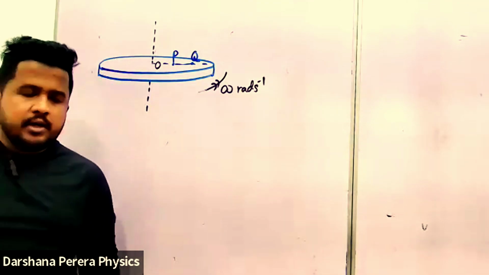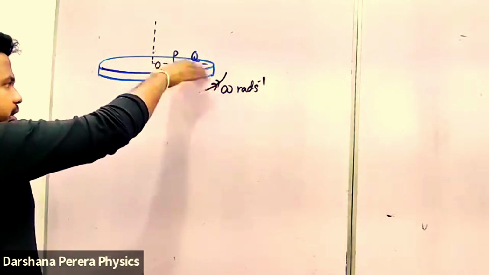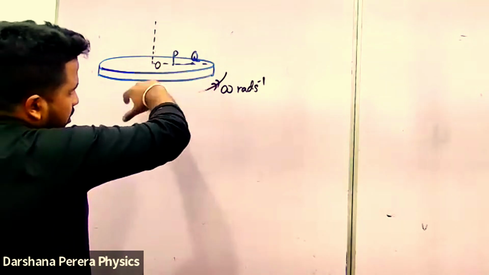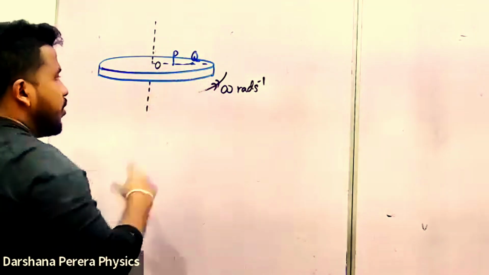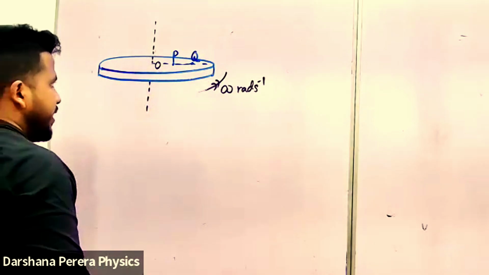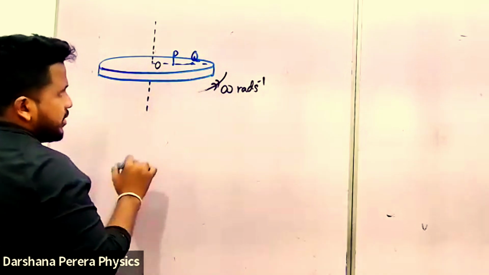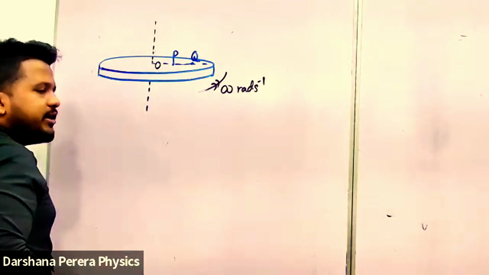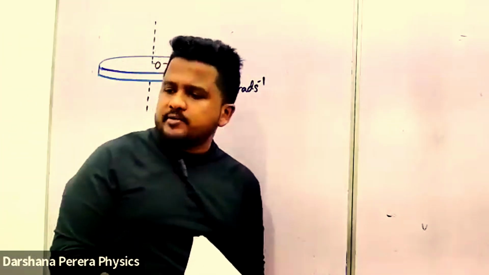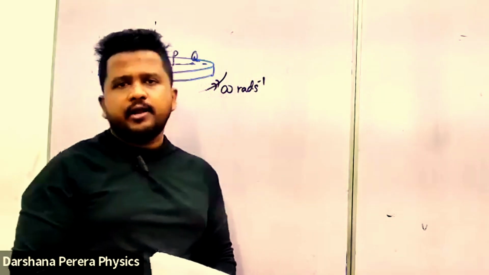When it rotates in rotational motion, every particle has uniform angular velocity, uniform angular acceleration, uniform angular displacement. All particles are getting like that.